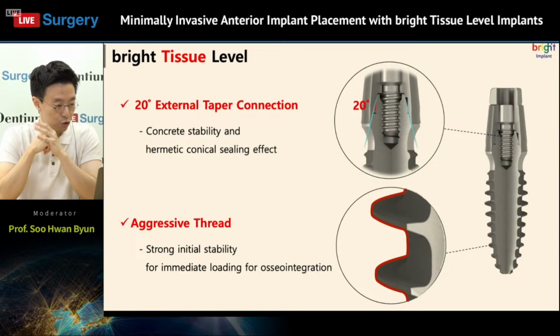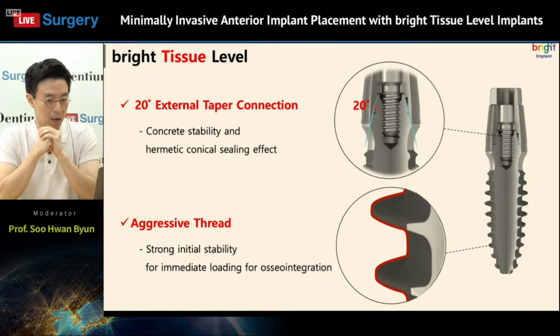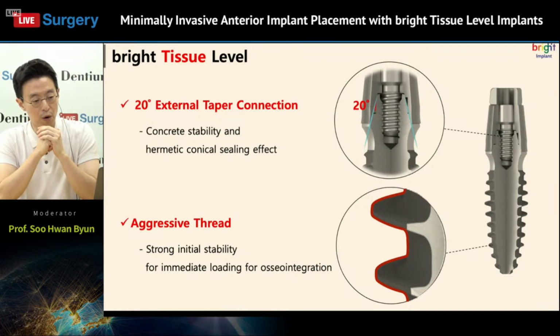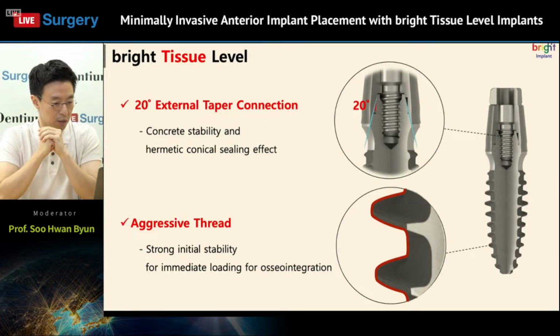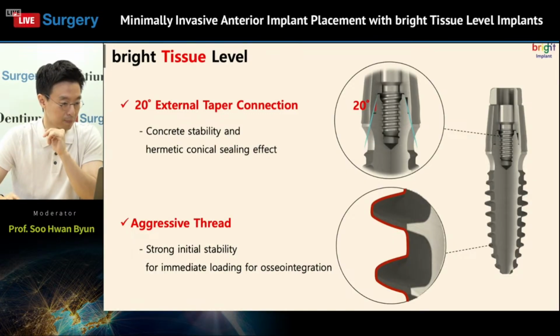It ensures strong initial stability even in improper bone quality situations. So thanks to the design of the Bright Tissue Level implant, we can place the implant immediately after extraction.